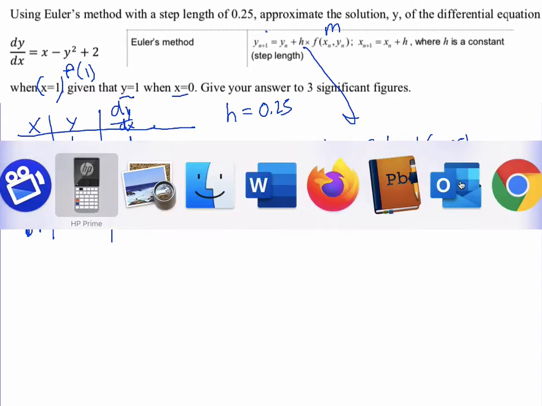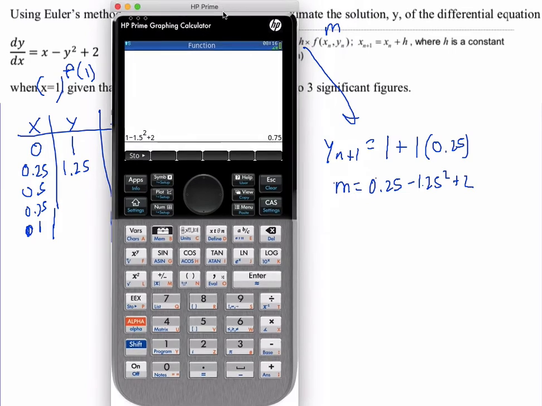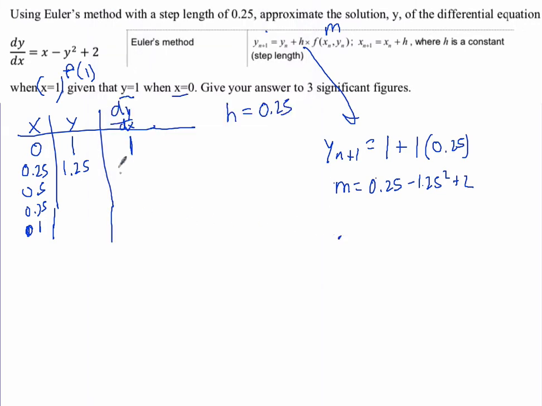This kind of stuff is better done with a calculator. So 0.25 minus 1.25 squared plus 2 is 0.6875.